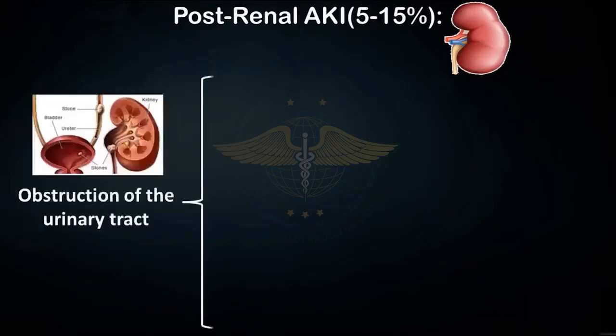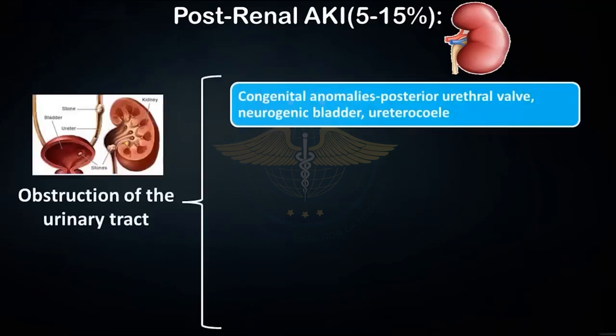Finally, AKI may even develop when urine is being formed normally by the kidneys, but it cannot be passed because of some obstruction in the urinary tract. It is seen with congenital anomalies like posterior urethral valve, neurogenic bladder, and ureterocele.